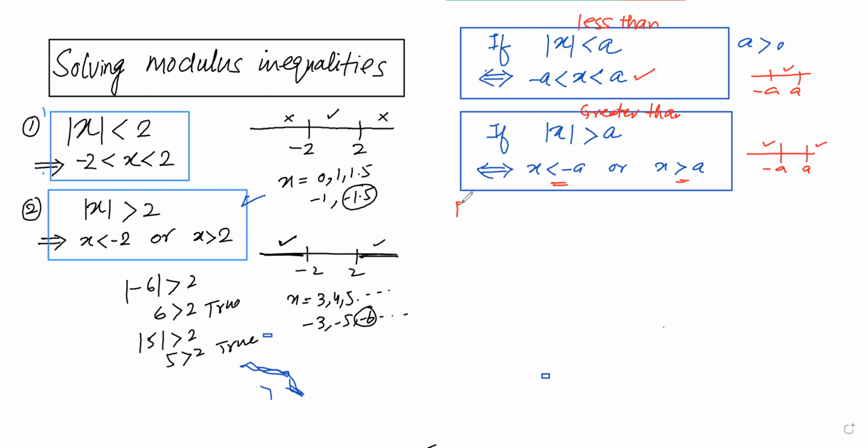With the help of an example, we can understand this again. The question is: solve the inequality modulus of 2x minus 5 is less than 3.